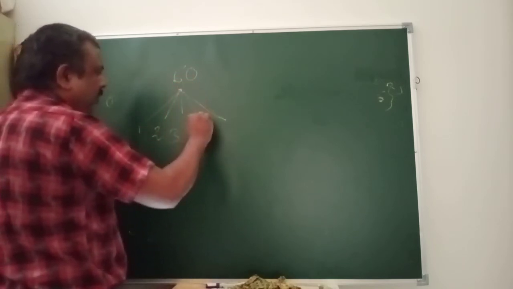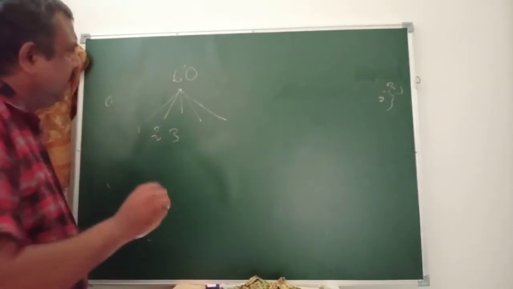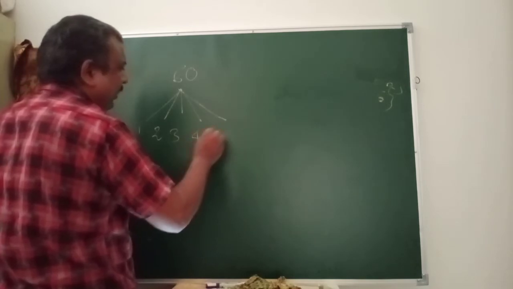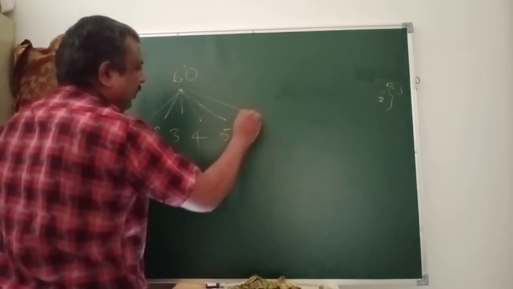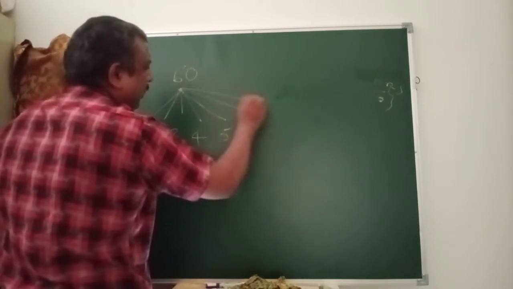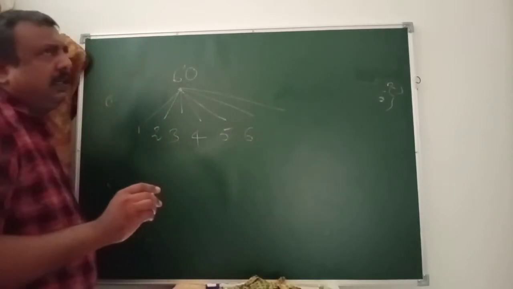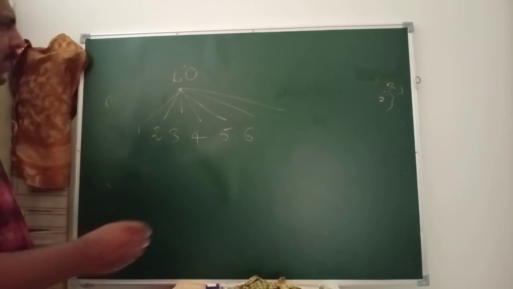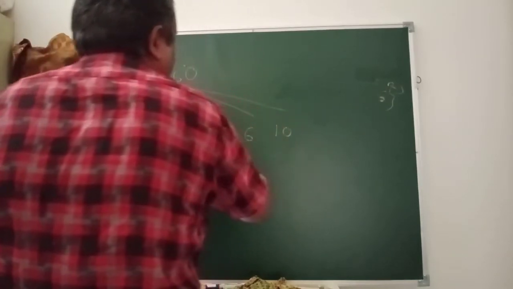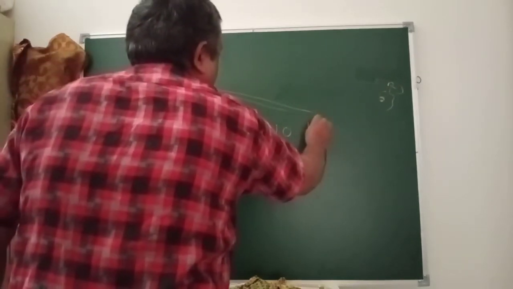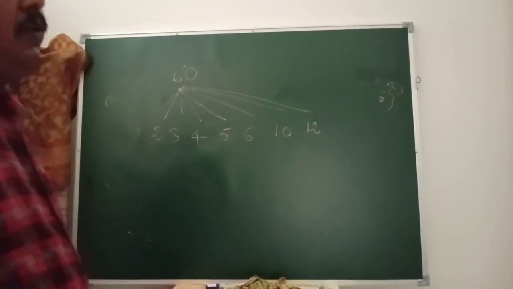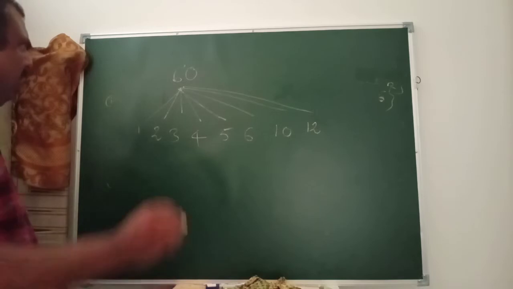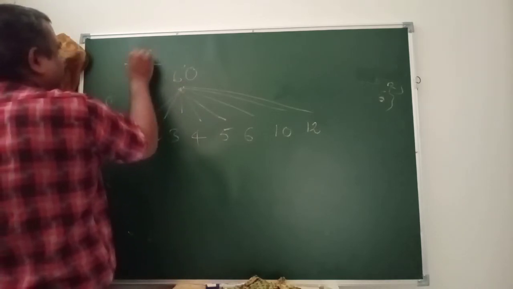Is 60 divisible by 4, I guess? 15 fours are 60, then 5, then 6, then in the table of 8, no, 9, 10, yes, 11, 12, 13, 14, 15.